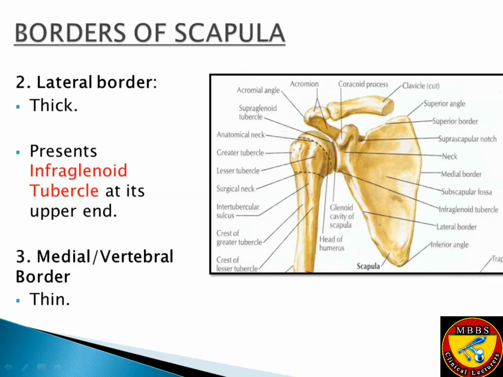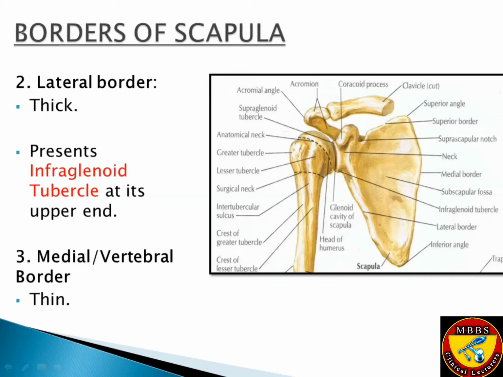The medial border is thin and it runs from the superior angle up to the inferior angle. This medial border is near to the vertebral column, hence it is also called the vertebral border.